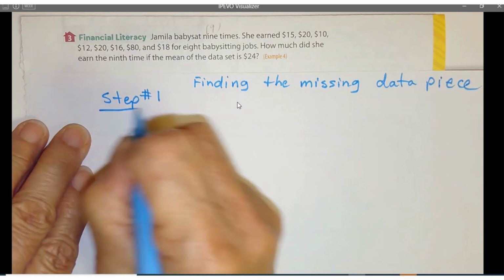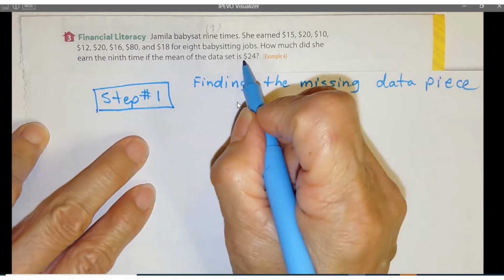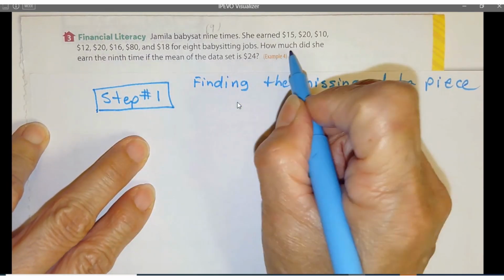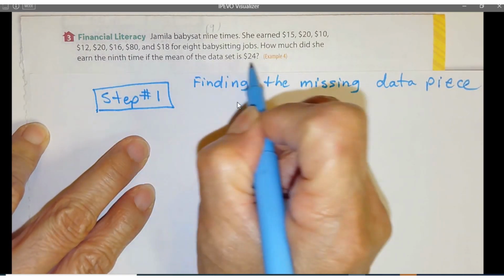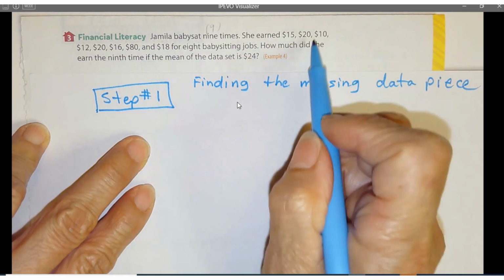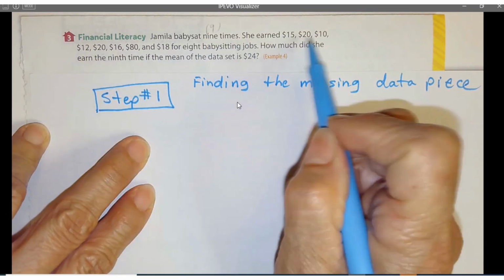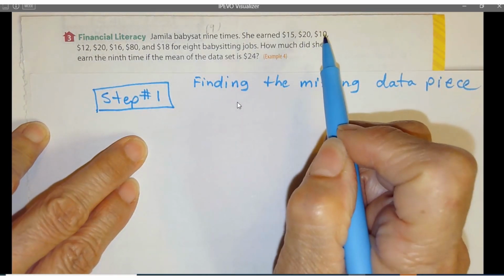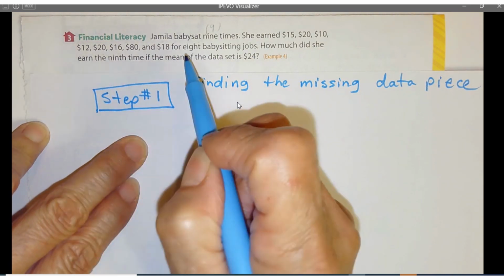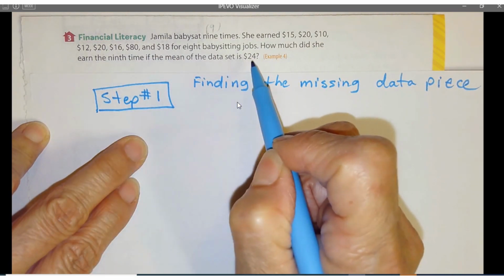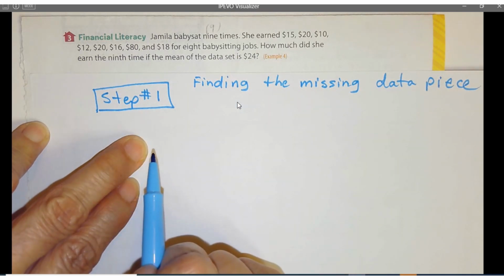So they're saying the total of all of these numbers plus that 9th one that we don't know about has an average of $24.